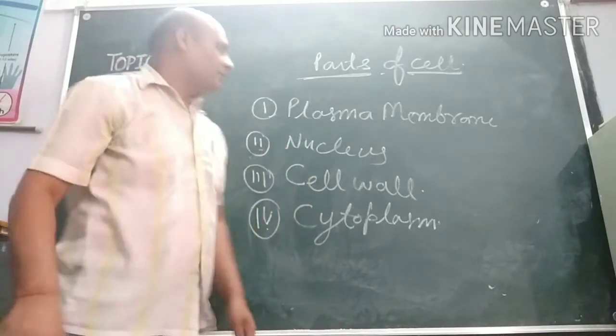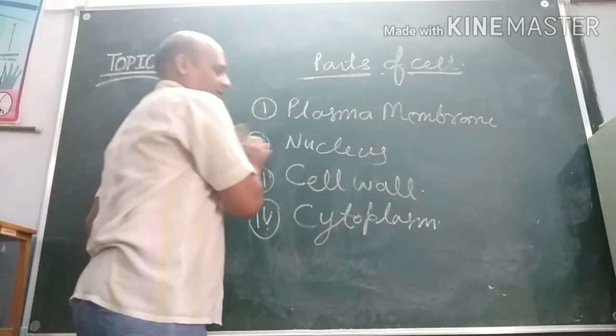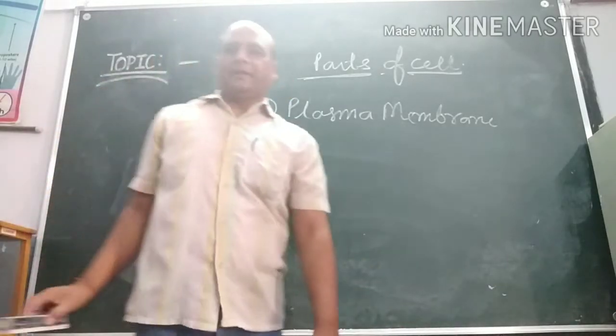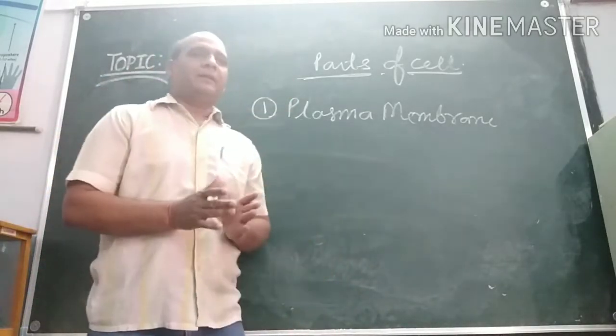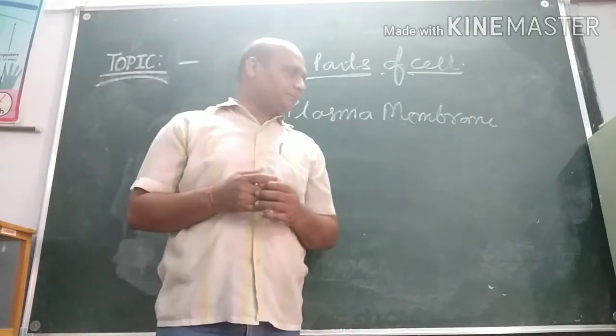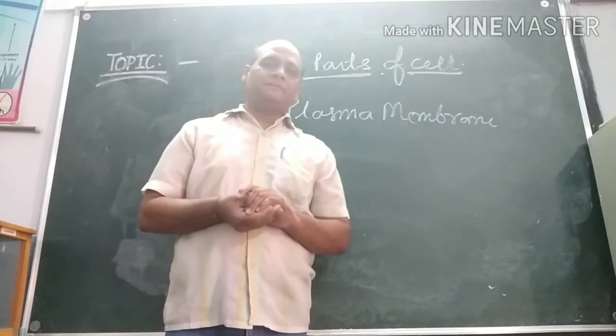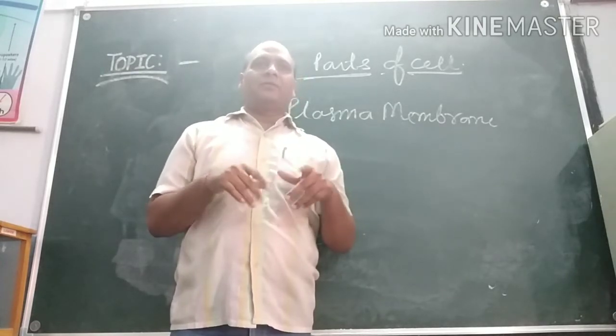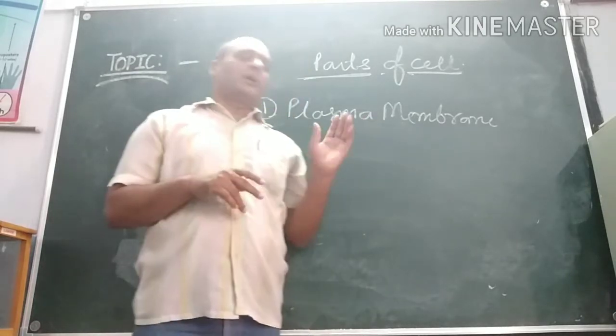So first of all, we learn about the plasma membrane. What is the plasma membrane? The plasma membrane is a semi-permeable membrane surrounding the cytoplasm.